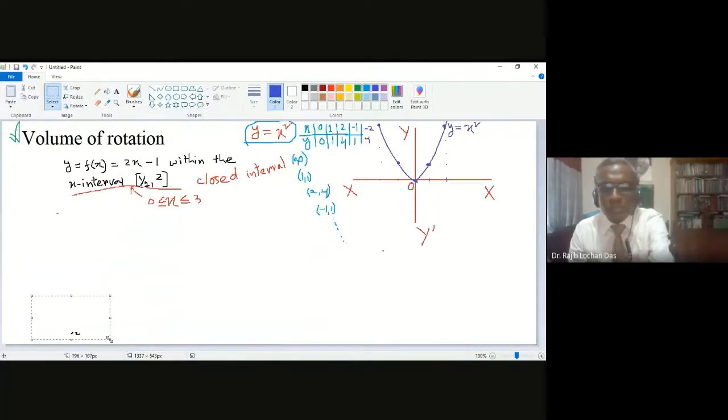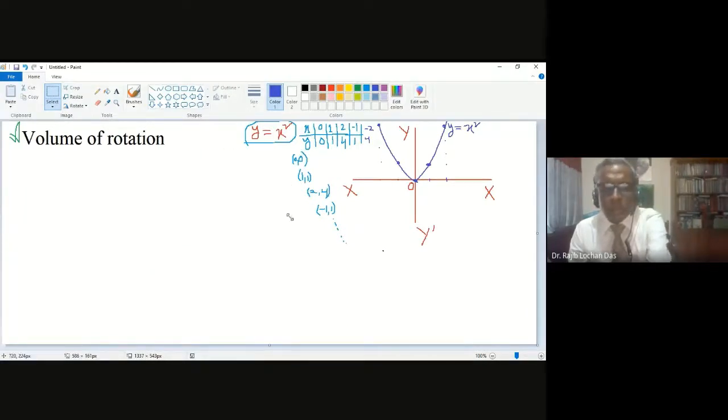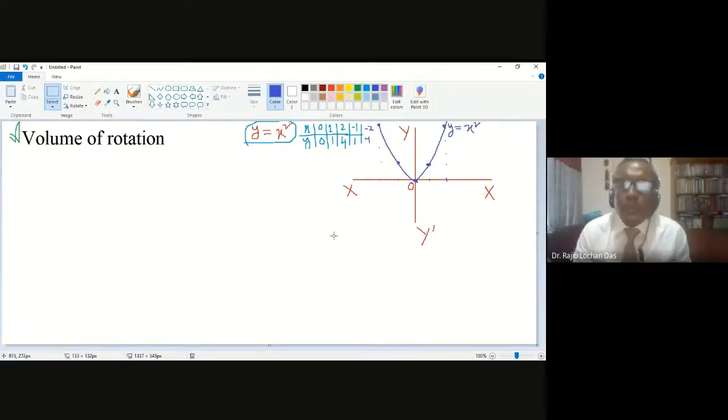So this is one graph. I am just drawing the graph here, and I am getting the shape. This is called parabola anyway. Now I am saying, say, volume of rotation problem.